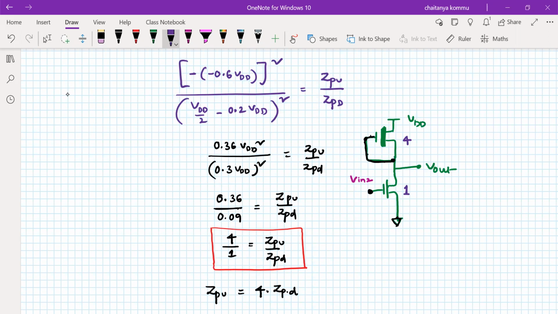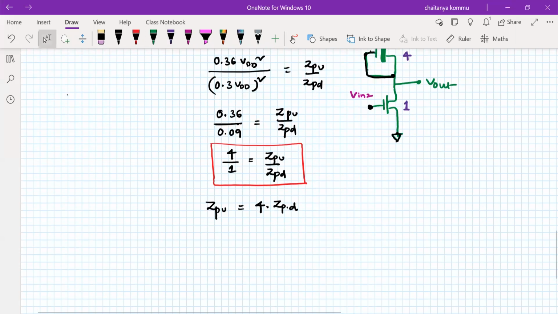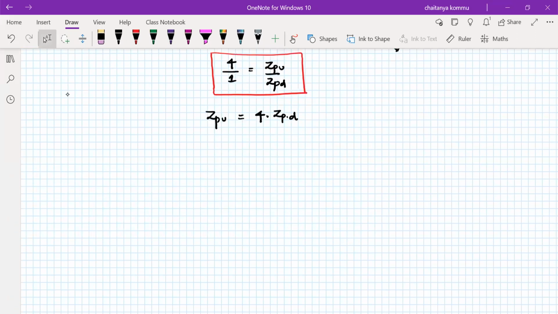Otherwise, it's not possible. That means we have to sacrifice something, right? So this is called determination of pull-up to pull-down ratios, the size ratios of the nMOS transistor driven by another nMOS transistor. Whenever we want to drive another inverter, this inverter size should be 4:1 that we have to maintain.